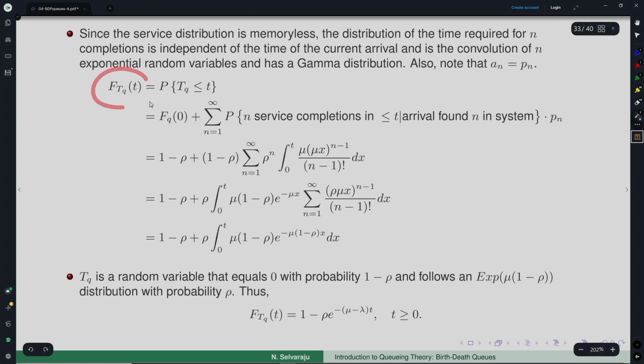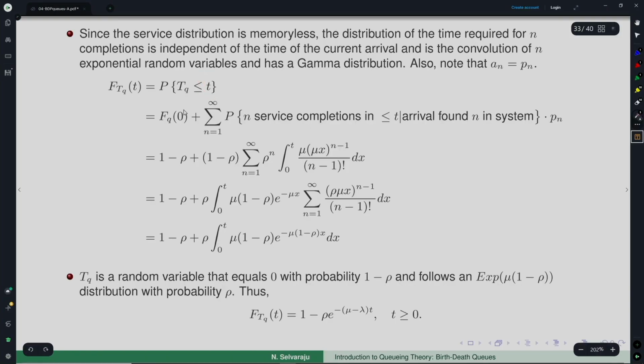So, we are looking at F_TQ(t) for t strictly greater than 0. By definition, this would mean there is a mass at 0 plus, for any t strictly greater than 0, a term in which he has to wait, right.